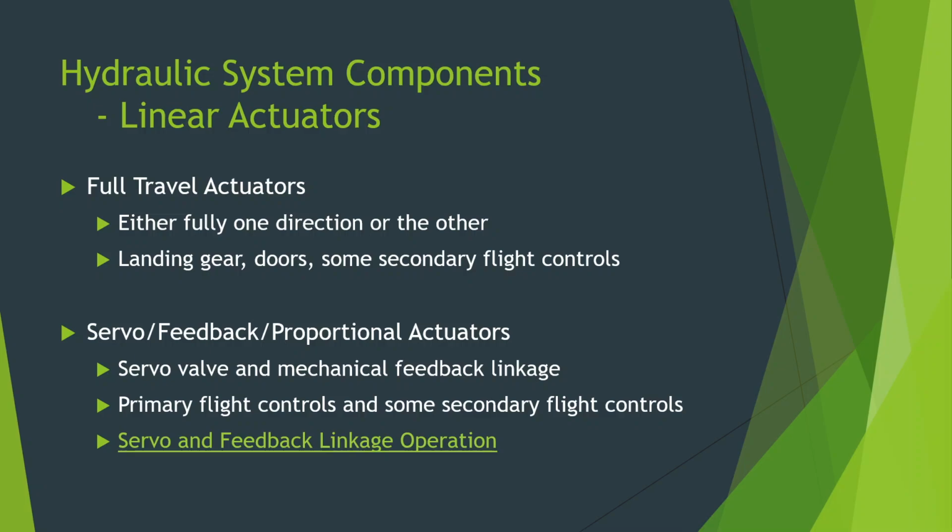The difference is the full travel actuators, if you're porting fluid to them, are going to go full extend or full retract, as long as the valve is open. Things like your landing gear, right? You usually don't put the landing gear up halfway. Doors usually aren't halfway open or halfway closed. Some of your secondary flight controls are going to use full travel actuators.